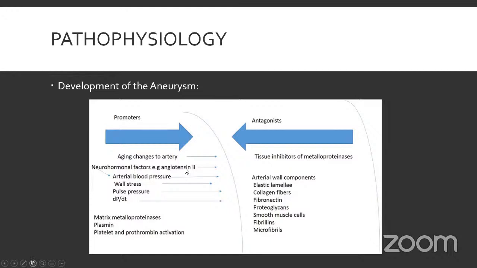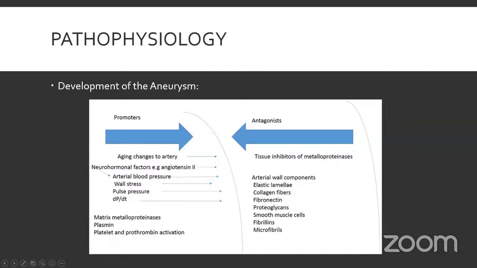Now, plasmin is involved in a lot of pathways whose end result is the activation of these metalloproteinases and also the direct degradation of different extracellular components of the arterial wall and also the smooth muscles.